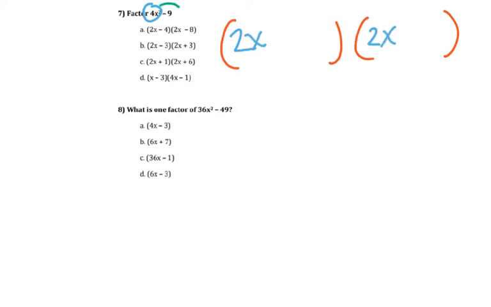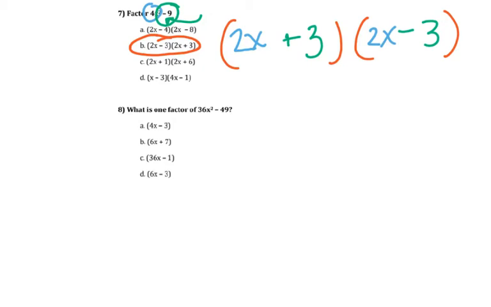What multiplies to make a 9? 3 times 3. For it to be a negative 9, one has to be positive and one has to be negative. The answer choice that has this answer, even though the plus and minus are swapped, it's okay. It's the same numbers. Answer is B.